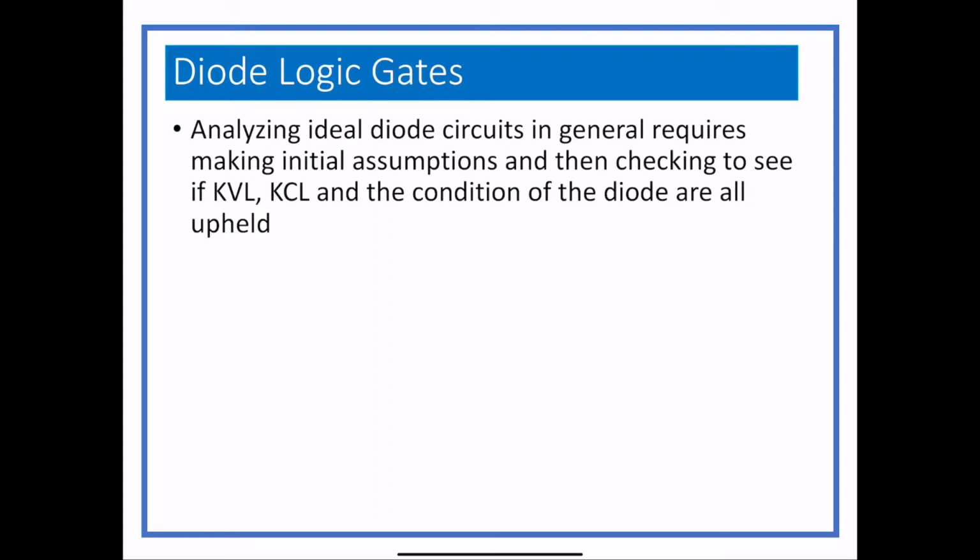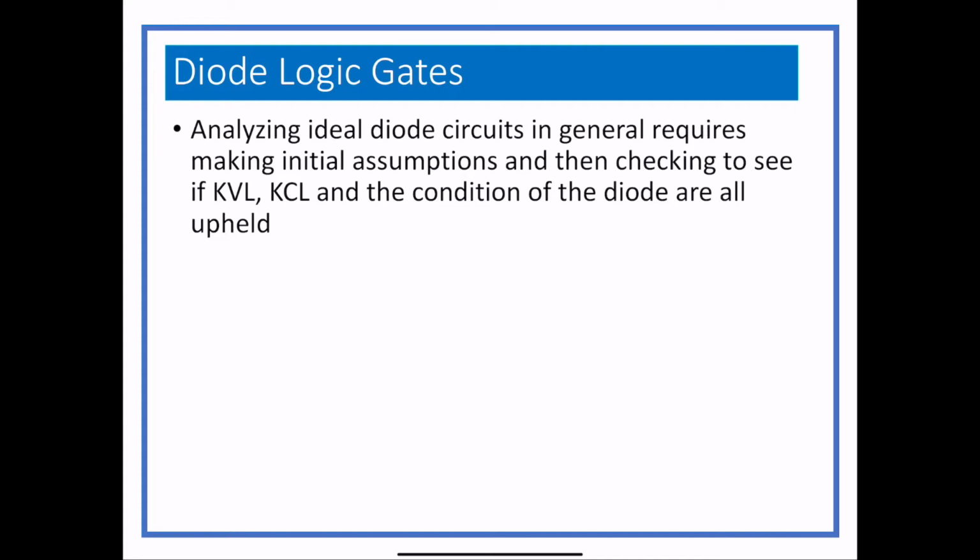You make your best assumption looking at the circuit as to whether the diodes are forward or reverse biased. You can look at the amount of voltage behind and in front. You can use a lot of different ways of thinking about it, but you make an assumption. It's like, okay, this diode's on, this diode's off, the one in the middle is on also.